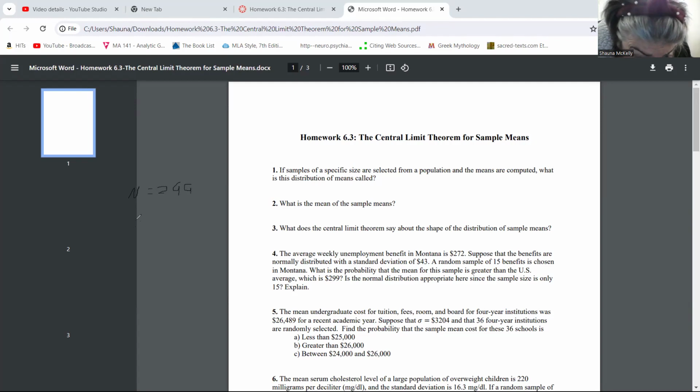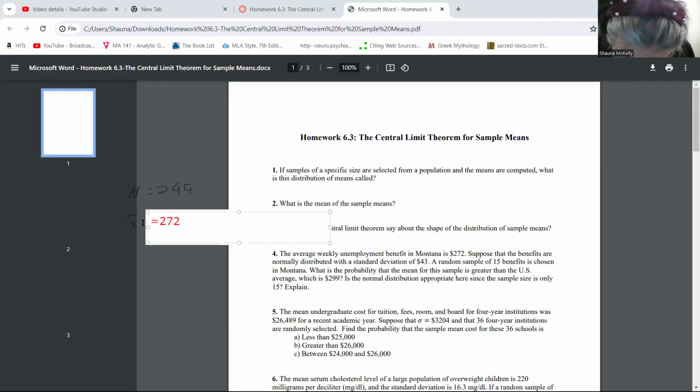We know that X bar is 272. So we're going to take this and put it in there. We're going to have equals 272.